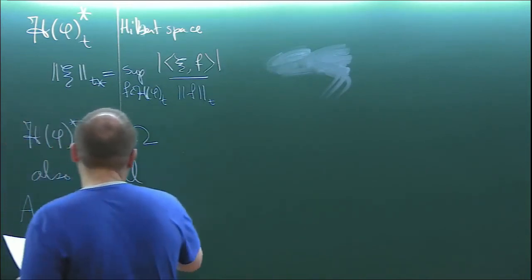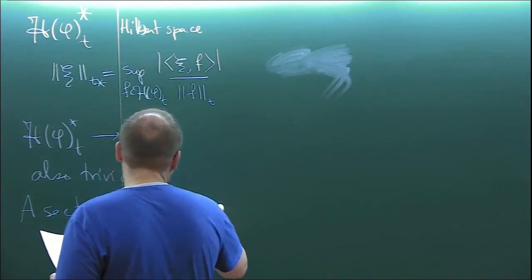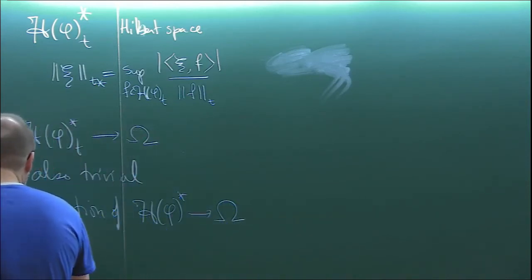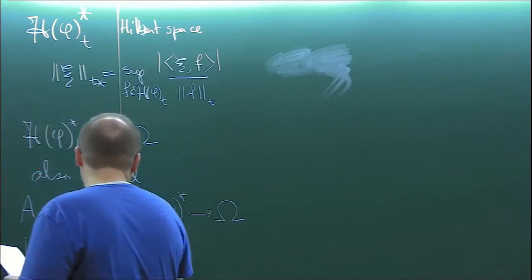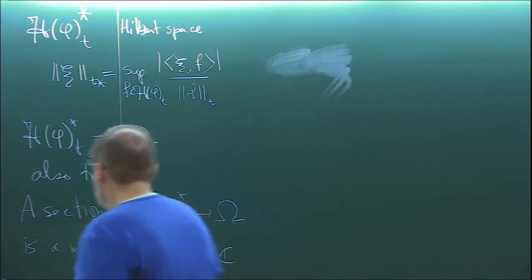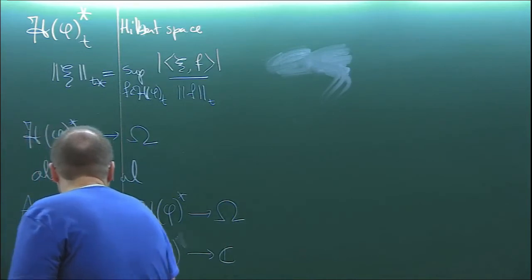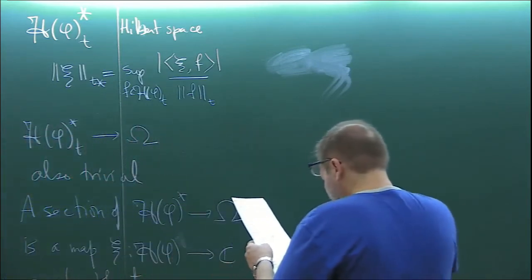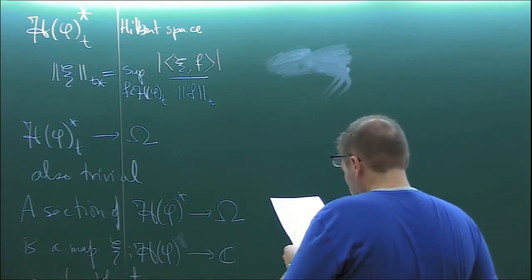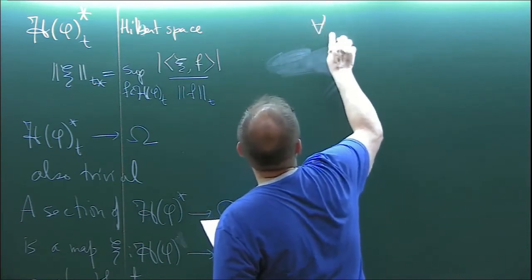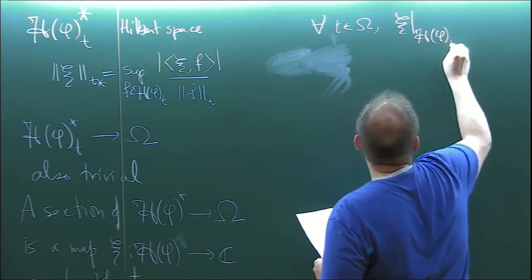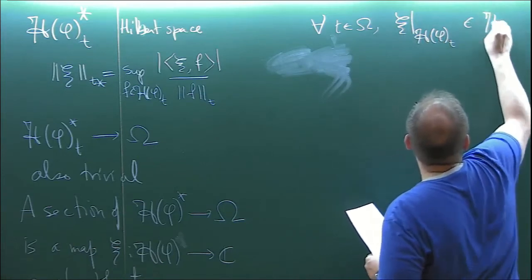A section of h phi star is a map C from this total space h of phi to C, such that for each t in omega, C restricted to h phi sub t is a bounded linear functional.